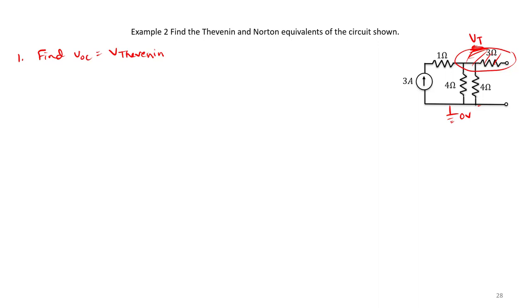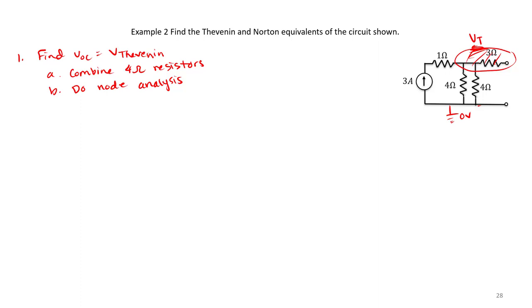Here's what I recommend. First, combine the 4 ohm resistors, and then we can do node analysis. Notice that there's basically just one node in this circuit.